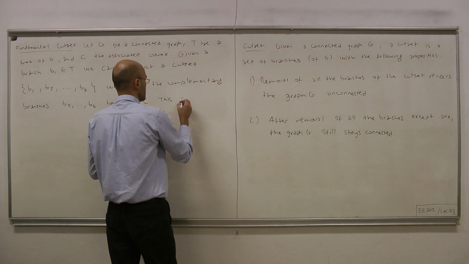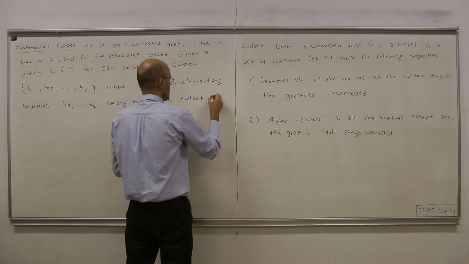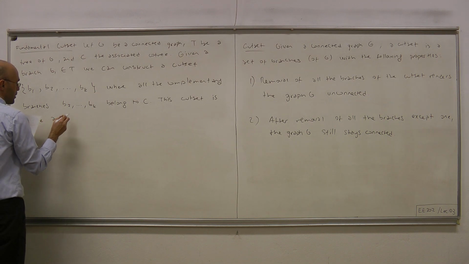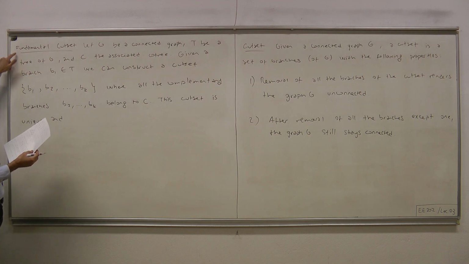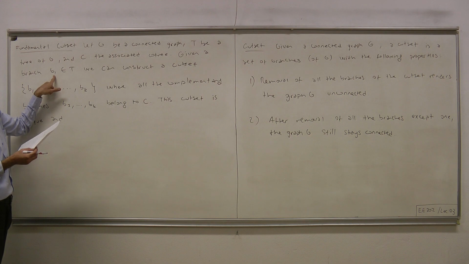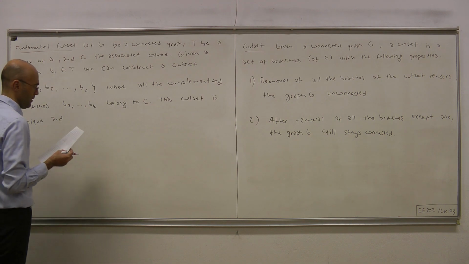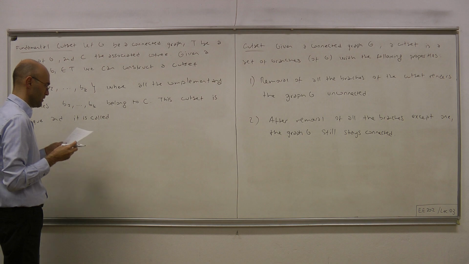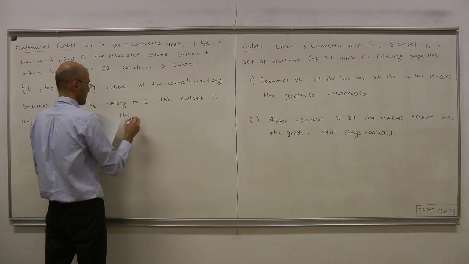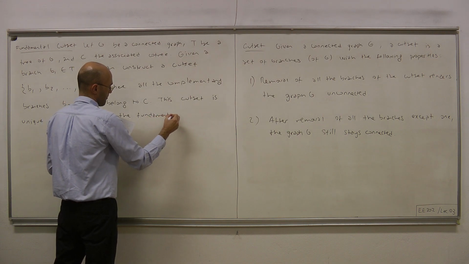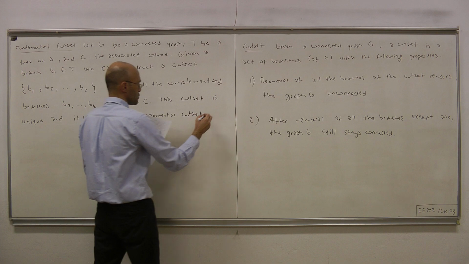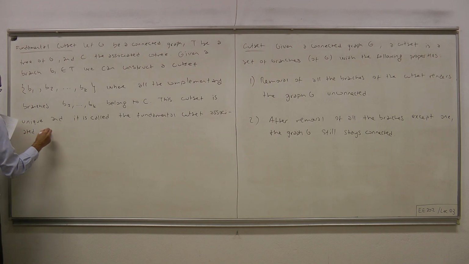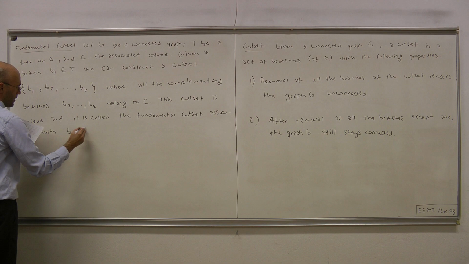This cutset is unique, and because of its uniqueness, it's called a fundamental cutset associated to branch B1, which is coming from tree T. It is called the fundamental cutset associated with branch B1, which is coming from our tree.